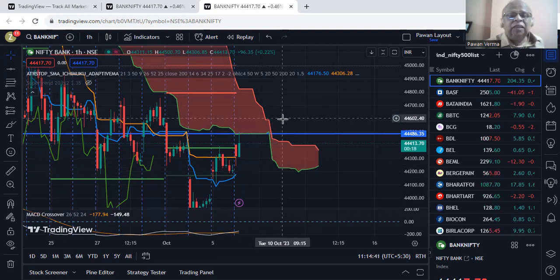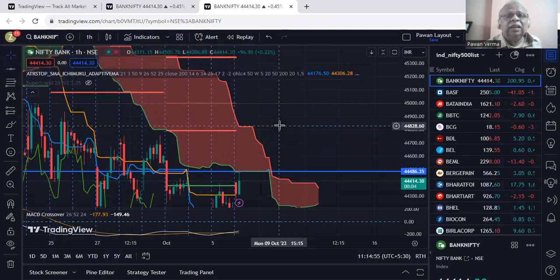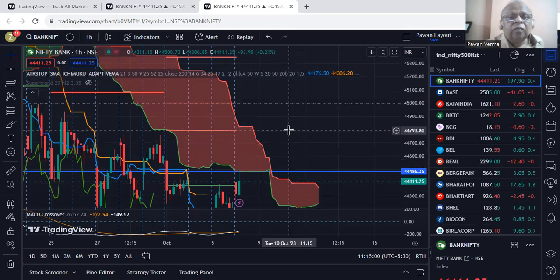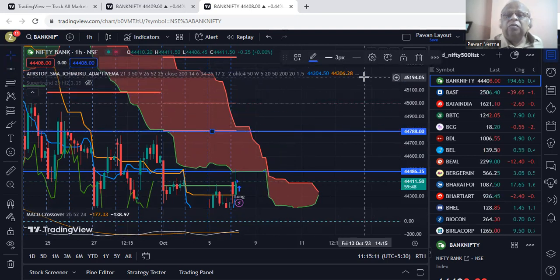So we are expecting the level in case of Bank Nifty is 44,486, and the second level what we are expecting is 44,788.